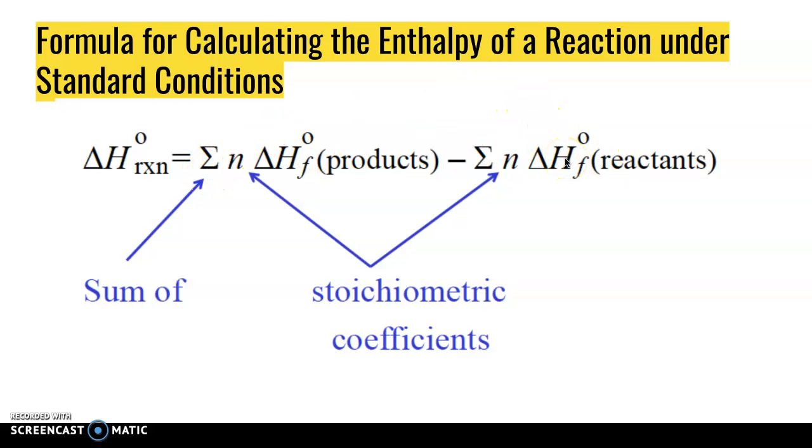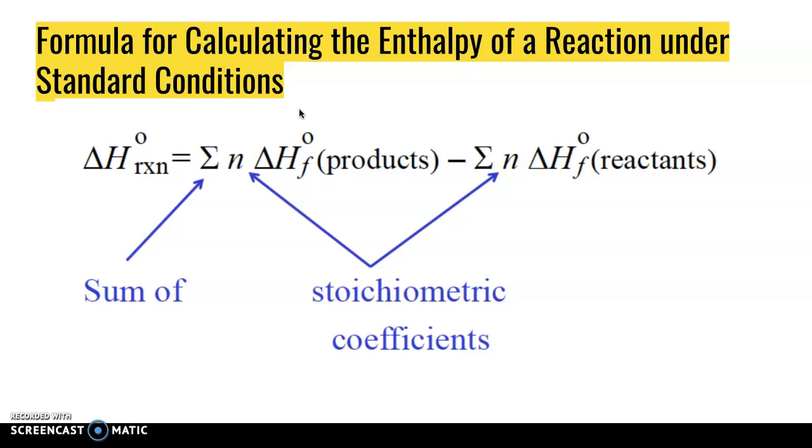Reactants we are taking apart, not putting together, so that's why this negative sign is there. Products are being put together, so their heat of formation sign does not need to change. Using this method, an overall reaction is thought of as the enthalpy change that takes place when the reactants are blown apart into the most common forms of their elements under standard conditions and then reassembled into products.